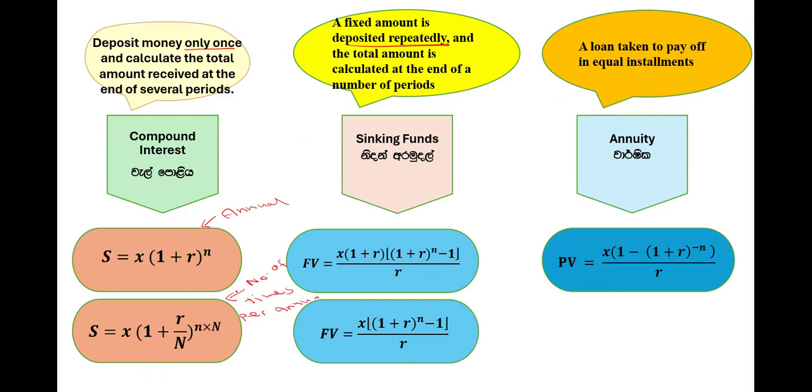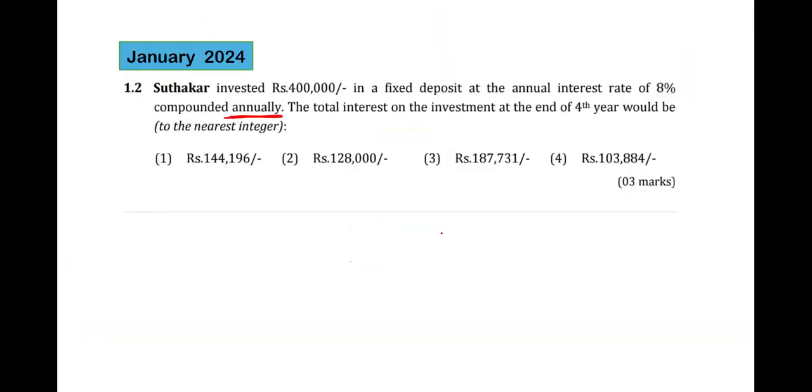If the interest is applied a number of times per annum, you can use the second formula. But here it says compounded annually, so we can use the first one. Then S equals x times 1 plus r to the power n.